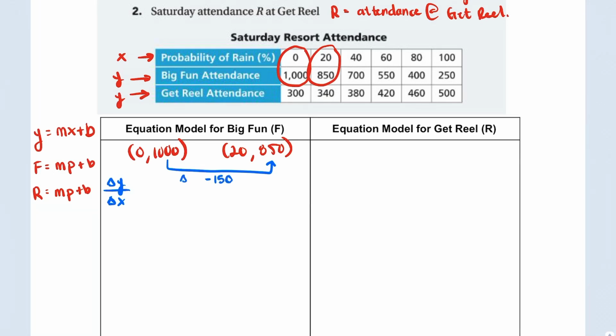That is my change in y. To go from 0 to 20, I'm adding 20, and that is my change in x. So I'm going to write my ratio, change in y over change in x, so that's negative 150 over 20. In this case, we're going to simplify it to a decimal, so go ahead and type that into your calculators, and you should get negative 7.5.